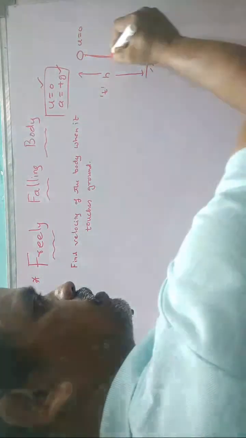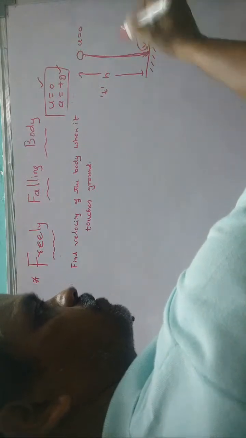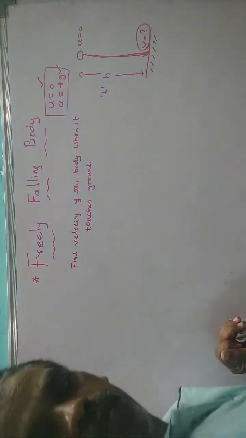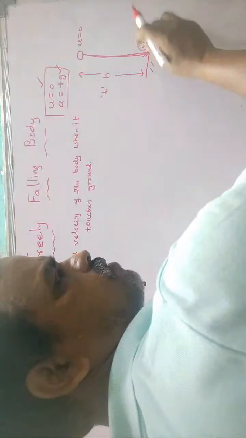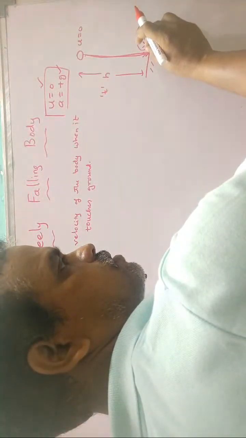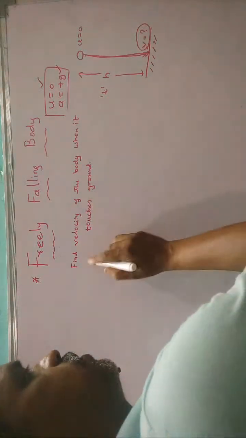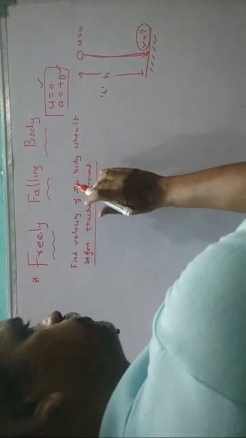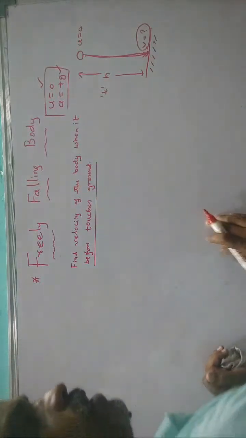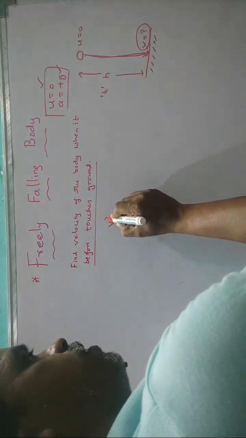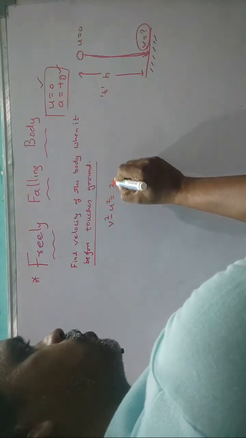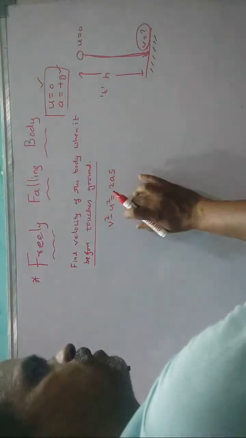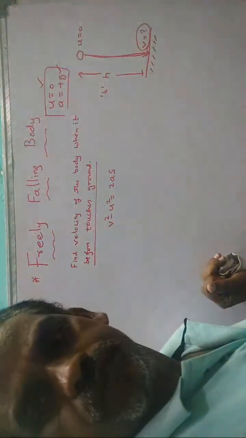The body when it touches the ground, what is the final velocity? Before touching the ground, the velocity is the final one; after touching the ground, the velocity will be 0. So here v square minus u square equal to 2as. We have the third kinematic equation here.